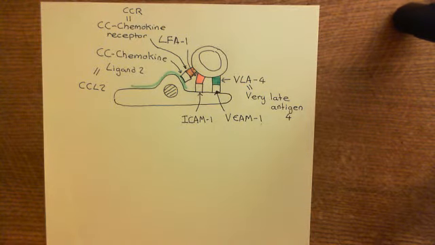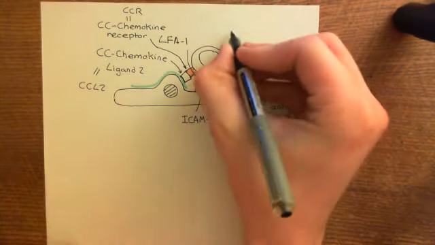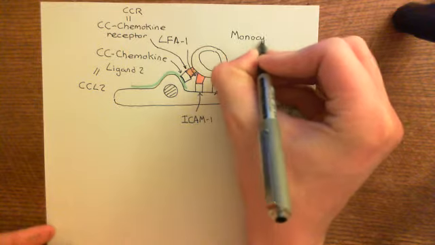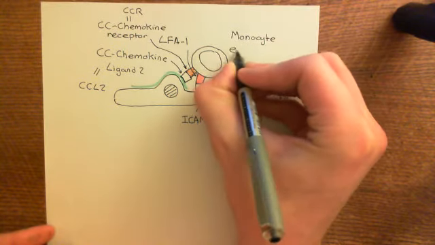So this is how you get the movement of monocytes out of the bloodstream into the affected area, and this will be occurring across the endothelium of the capillaries and the venules. This is known as monocyte extravasation.